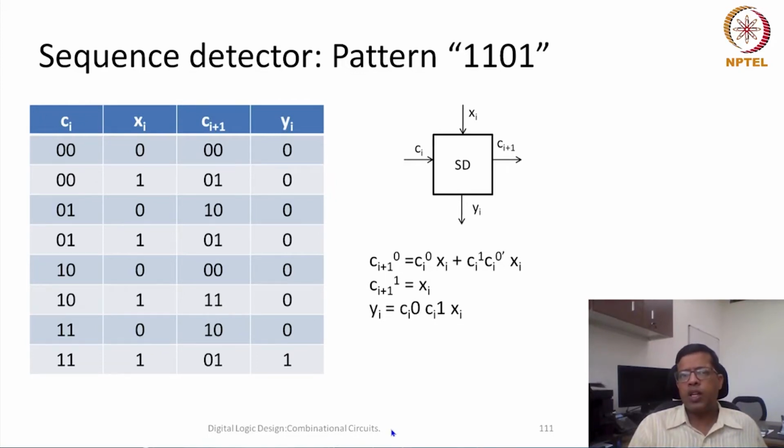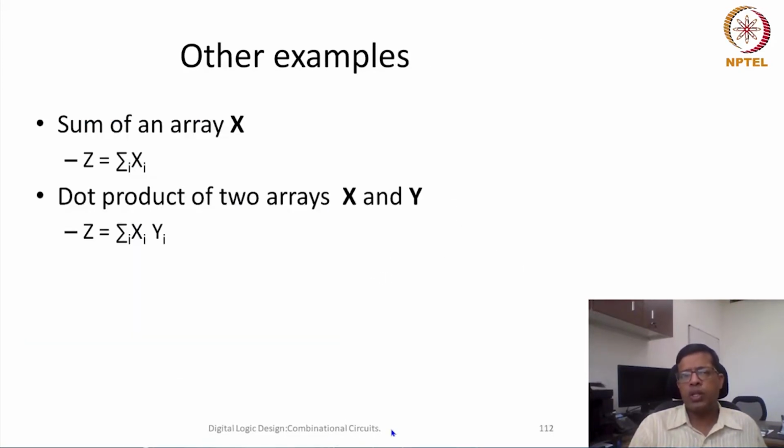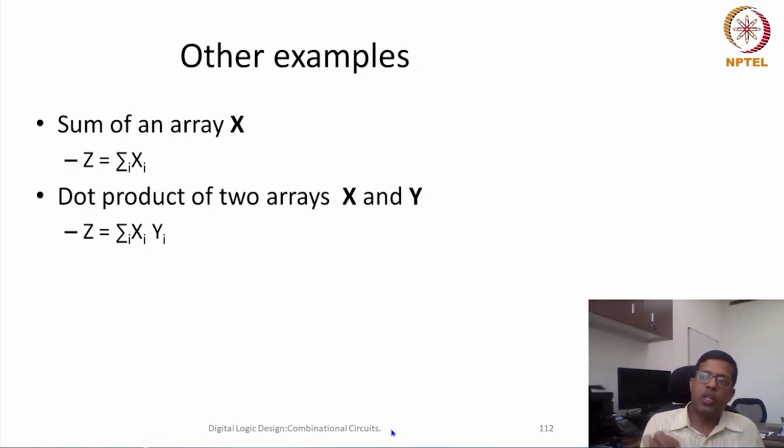Okay, so with this I would like to close this particular lecture, with a couple more applications which you can try yourself. You can take it as a tutorial of this lecture. Let's say I want to do the sum of an array x that can have a number of elements. Here also, if we do an iterative design, we create an adder, and that adder will give the output to the next adder.